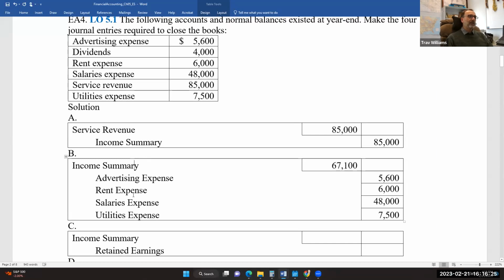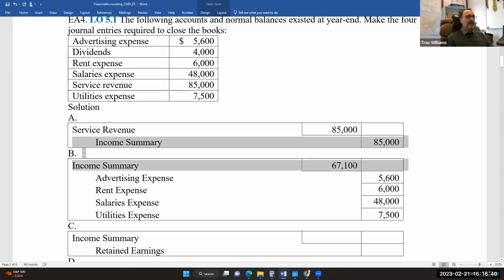Now, step 3 is the one that can be a little bit confusing. In this case, it's pretty simple. We see here that we credited income summary $85,000 in step 1. We then debited income summary $67,100 in step 2.